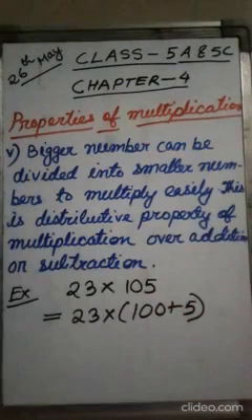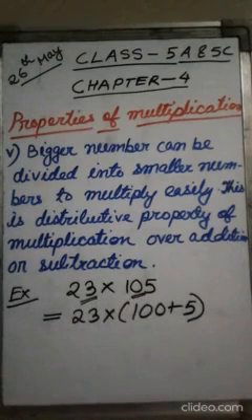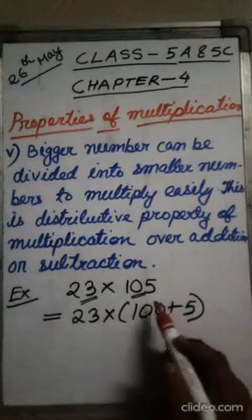Property number 5. Bigger number can be divided into smaller numbers to multiply easily. This is distributive property of multiplication over addition or subtraction. We are given two numbers. I have to multiply 23 and 105. It is a little bit tough, a little bit difficult.